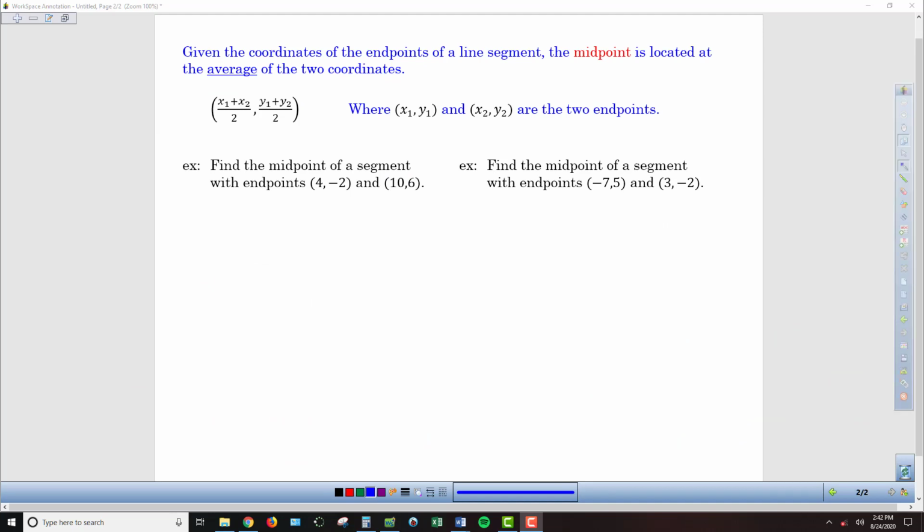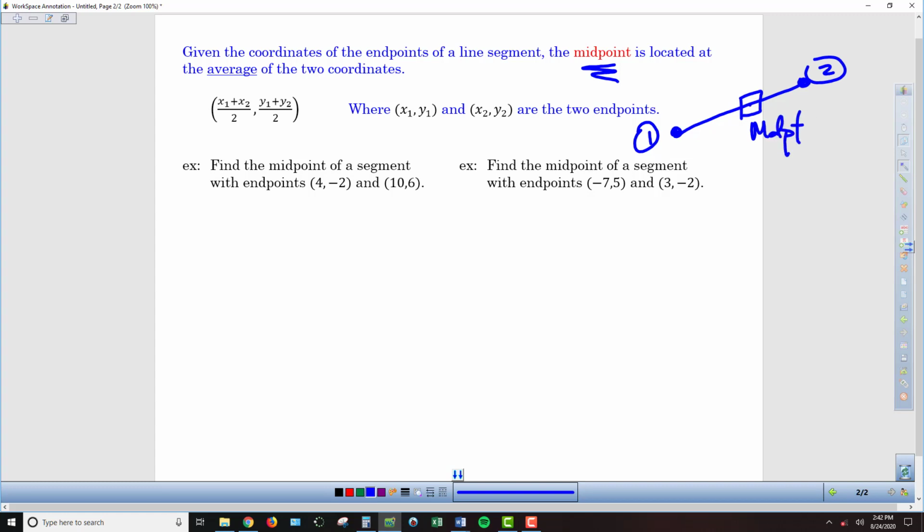And then the other formula that connects a little bit of algebra to the coordinate plane here is the midpoint formula. So the midpoint formula is looking for the midpoint of a line segment between 2 points. Here's our point 1, here's our point 2. Right in the middle is going to be your midpoint.